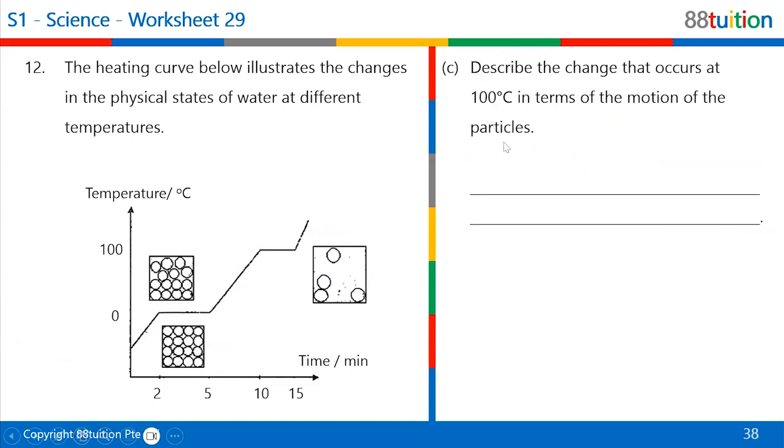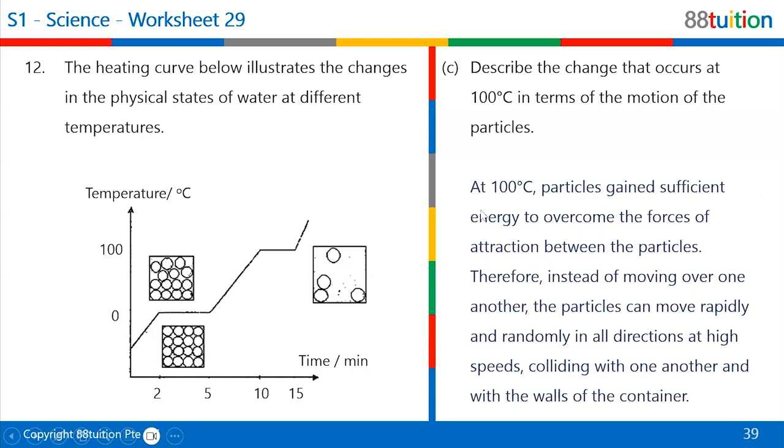All right, so the next part now, describe the change that occurs at 100 degrees Celsius in terms of motion of the particles. How do the particles move at 100 degrees Celsius? Remember, I was telling you, right? At 100 degrees Celsius, the liquid is changing to the state of a gas. That is boiling, right? So at 100 degrees Celsius, you need to talk about the particles gaining sufficient energy.